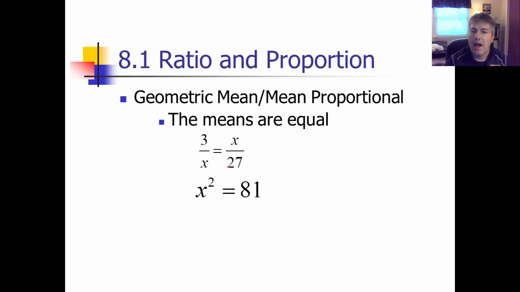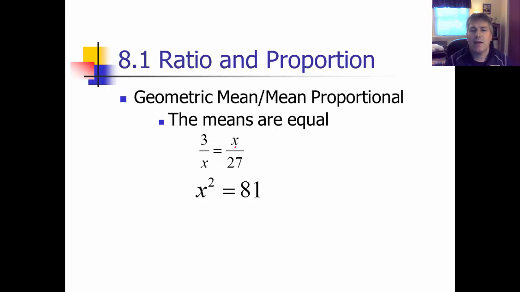If we wanted to find the mean proportional between 3 and 27, we would set up our proportion with 3 and 27 being the means, and our x, our unknown, would be the extremes. In fact, I said that backwards.